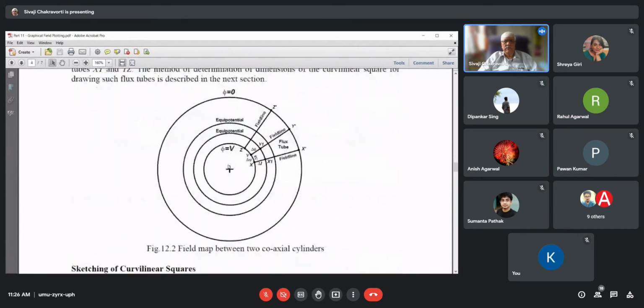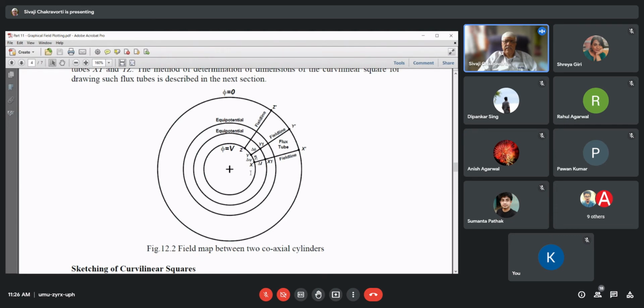Now let me explain it with the help of this diagram, which is a two-dimensional field, a concentric cylindrical system. The inner cylinder is live, it has a potential of capital V. The outer cylinder is earthed, it has a potential of 0. Let us consider one particular field line or flux line originating from the point X on the live electrode.